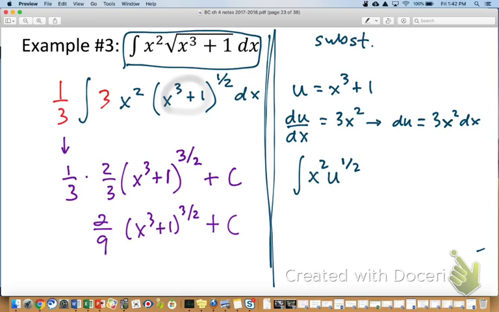There's a du, but it wouldn't just be du. We have to divide over here by 3x squared to get the appropriate substitution relationship set up. So dx equals du over 3x squared. And then maybe you see it, something's going to cancel here, right? The x squareds cancel.